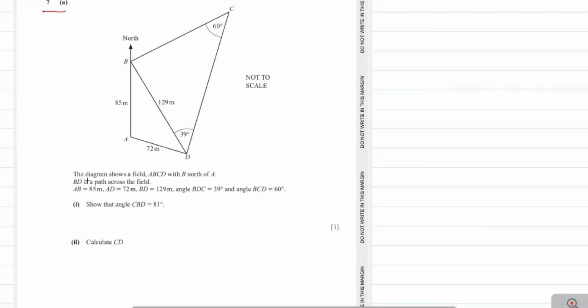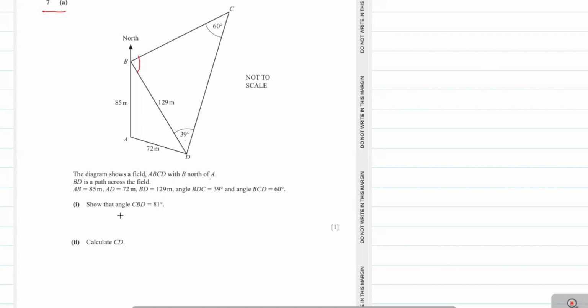Question 7 part A. The diagram shows a field ABCD with B north of A, BD is a path across the field. Show that angle CBD equals 81 degrees. Look here, this is the angle CBD, and the triangle CBD. The sum of interior angles of a triangle equals 180.